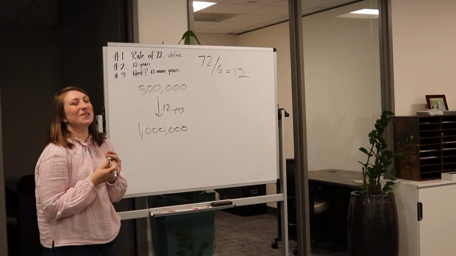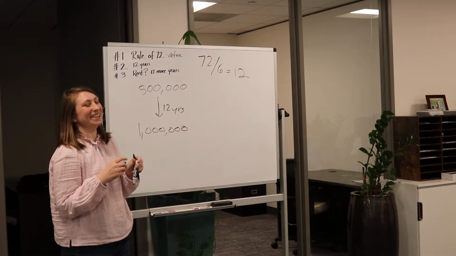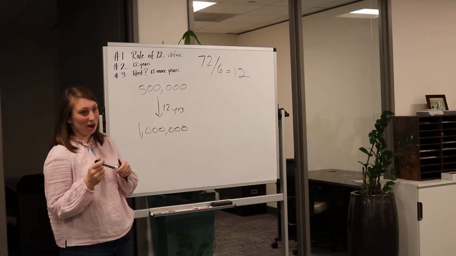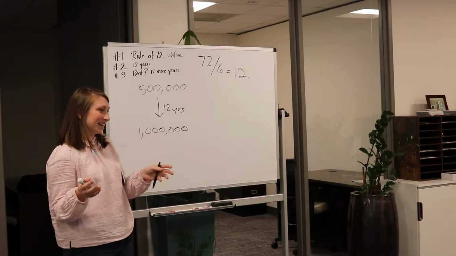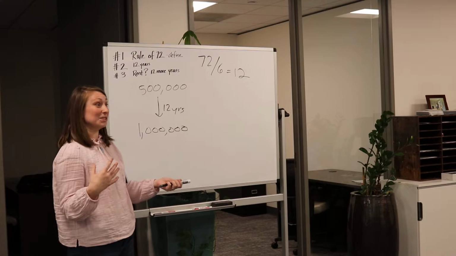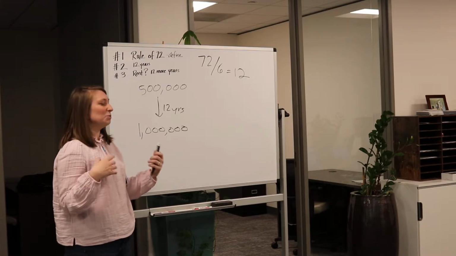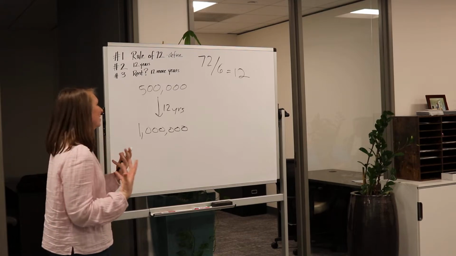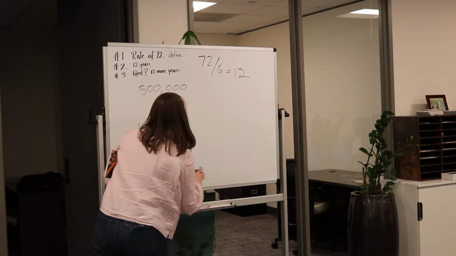While we were discussing this class, we came up with a new name for it, which was how to pay off your house in 12 years and still drink your lattes. Maybe some of us don't drink coffee, but you do other things that you like. You go on trips, you spoil your grandkids. We love to just live and enjoy our lives.